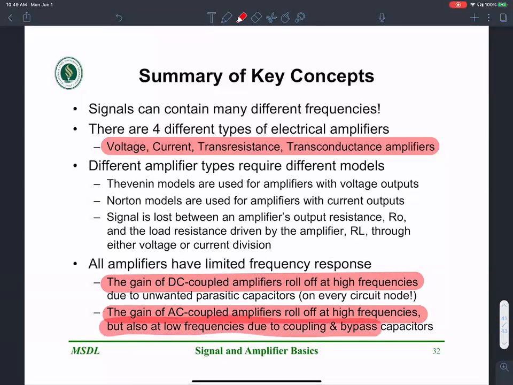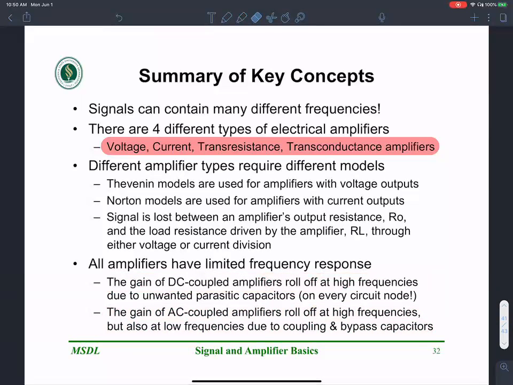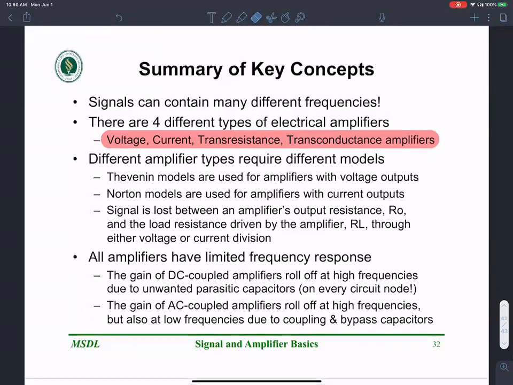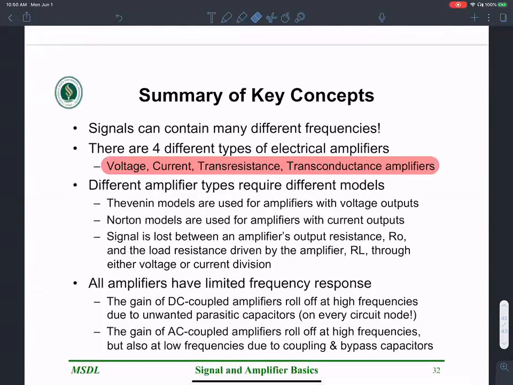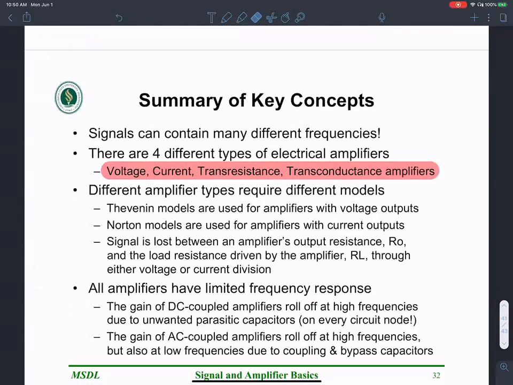For AC coupled, there's also going to be a low frequency roll off due to coupling capacitance. So with AC coupling, there is roll off at both extremes; with DC coupling, there's only high frequency roll off. That's the big picture of amplifiers. Questions, please.